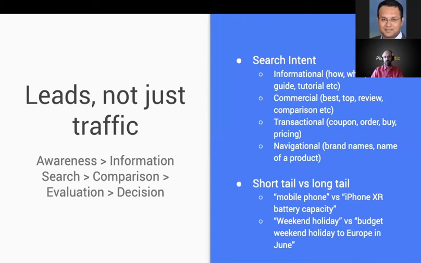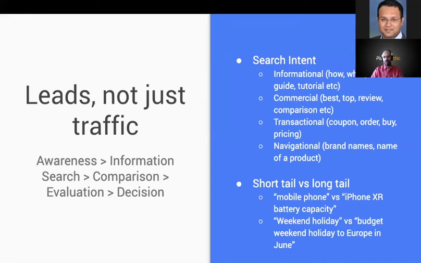There's also a post decision experience. There are various versions of this, but for the sake of this webinar, let's keep this version as the point of reference: awareness, information search, comparison, evaluation, and then a decision, right? So with that buyer journey in mind, what is the search intent?